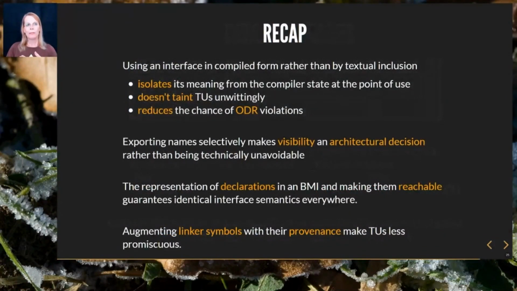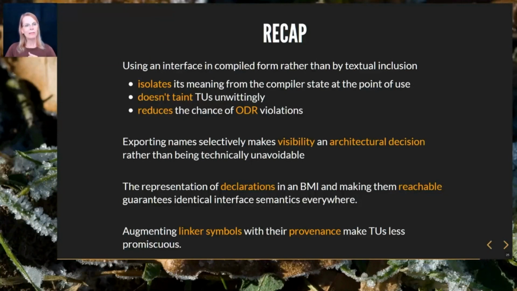So, to give a recap, using an interface in compiled form rather than by textual inclusion isolates its meaning from the compiler state at the point of use. It doesn't taint translation units unwittingly, and it reduces the chance of ODR violations.